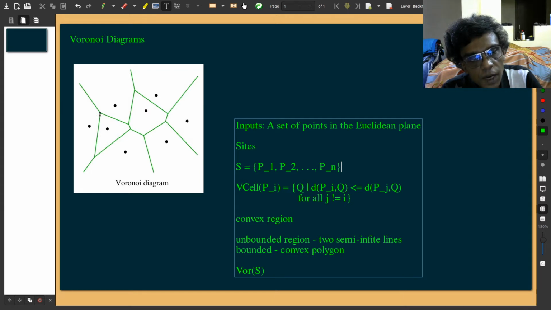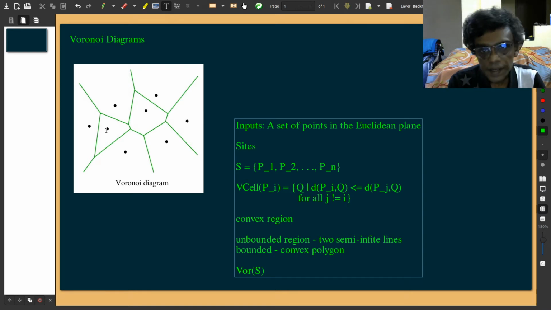For example, this is a finite segment, this is a finite segment, this is a finite segment, and these are semi-infinite lines. So a specification of these corners along with their connectivity is all that I want to compute when I talk about the Voronoi diagram of a set of sites.